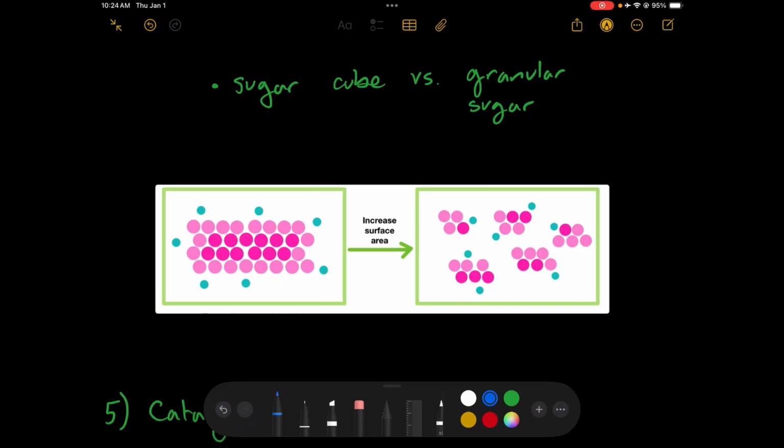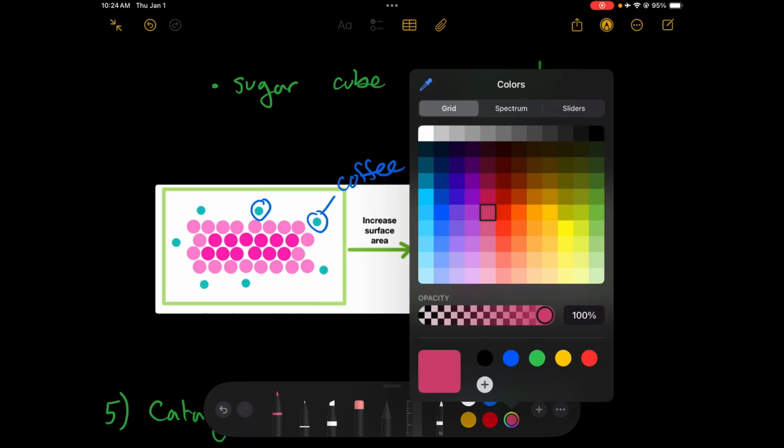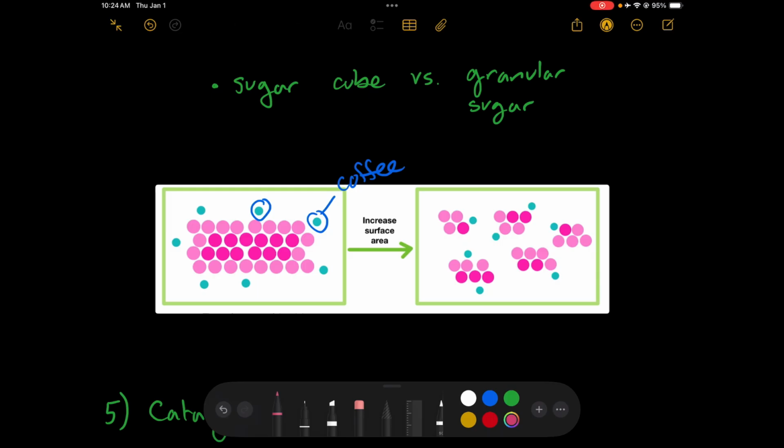So let's imagine that the blue ones out here, those are the coffee. And let's imagine that the pink ones are our sugar, okay? So all these sugars on the outside of the cube, those can interact with the coffee, right? Because we can get a particle interaction between that. We can get a particle interaction here.